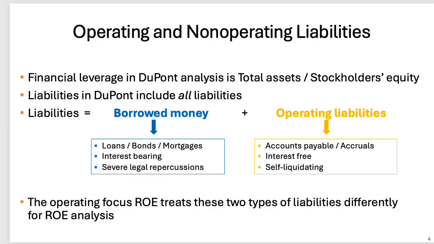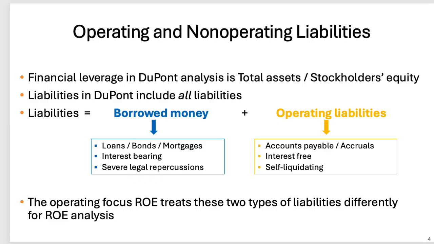But honestly, if you think about the way liabilities are built on the balance sheet, they include a couple of different things. They not only include operating liabilities, you see some examples right there in the orange or yellow, things like accounts payable, accruals, the kinds of things that happen because of your direct operations, but they also include borrowed money. You can see that there.